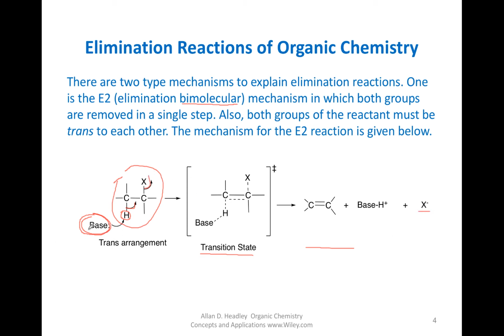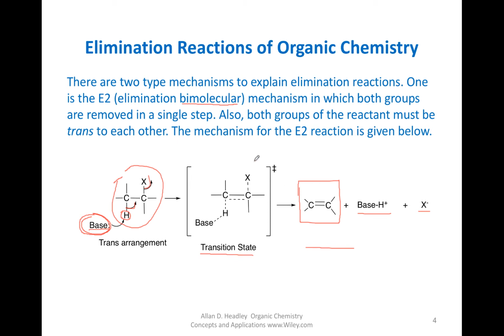So we have our base here as BH plus, base H plus, because it has taken off the proton. When we do a more specific reaction, we'll see what that base actually is. But the bottom line is we are forming an unsaturated product, an alkene, by elimination.